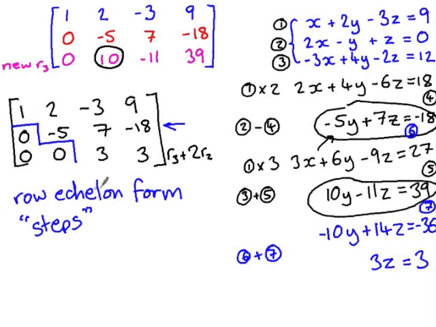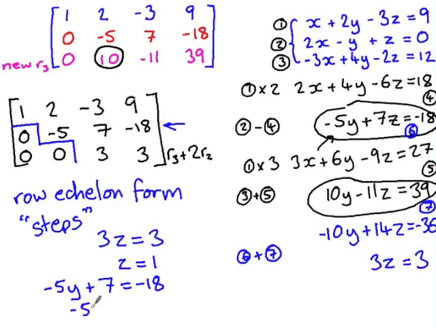From here, the two methods are exactly the same. At this point in the matrix, we remember that column 1 is our x's, column 2 is our y's, and so this third row is telling us that 3z equals 3, and therefore z equals 1. I then substitute back into the second row, which is telling me that -5y plus 7z, and z is 1, so that's 7, is -18.